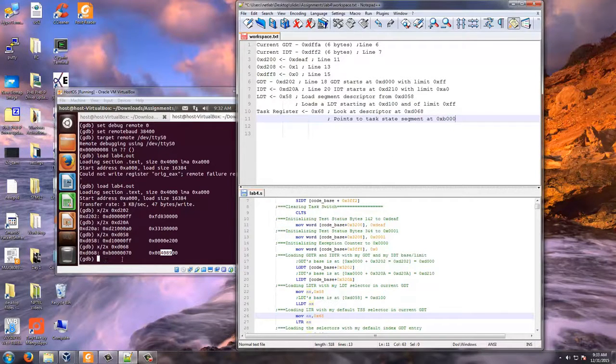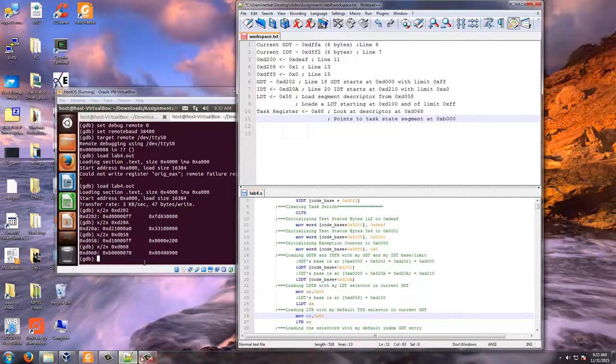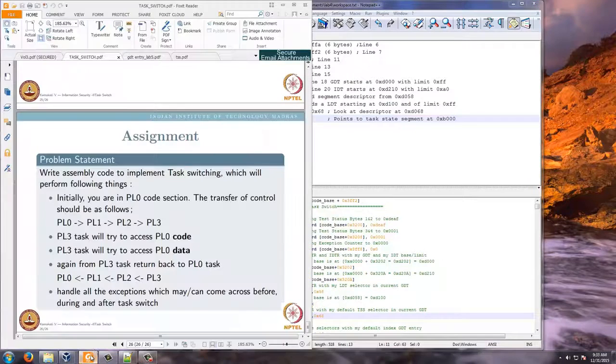Please note that 70 is the limit. So it is given 70 is the limit, and you know the task state segment can be at utmost 104 bytes. So we are giving something more than a 104 size. This is basically the limit of that task state segment descriptor. Right. Now let us go and see that in detail here.